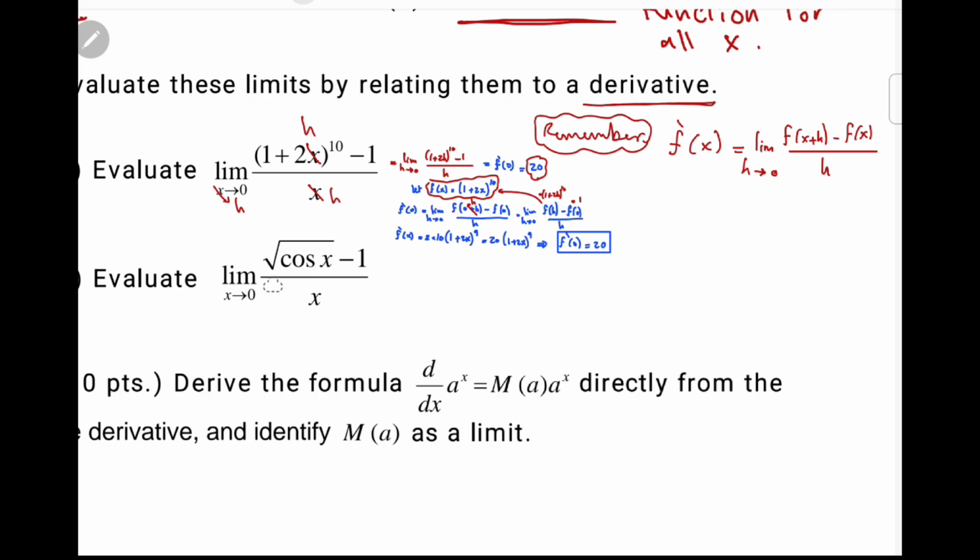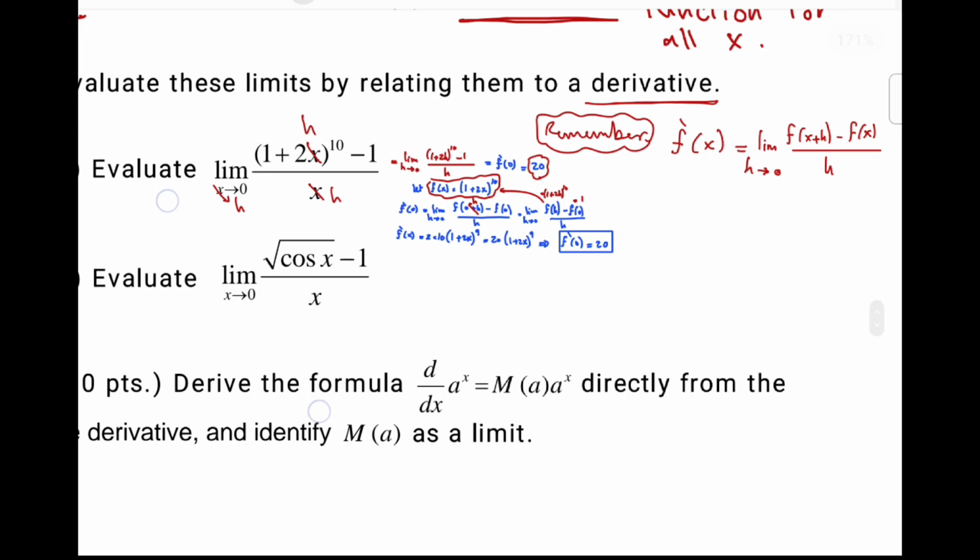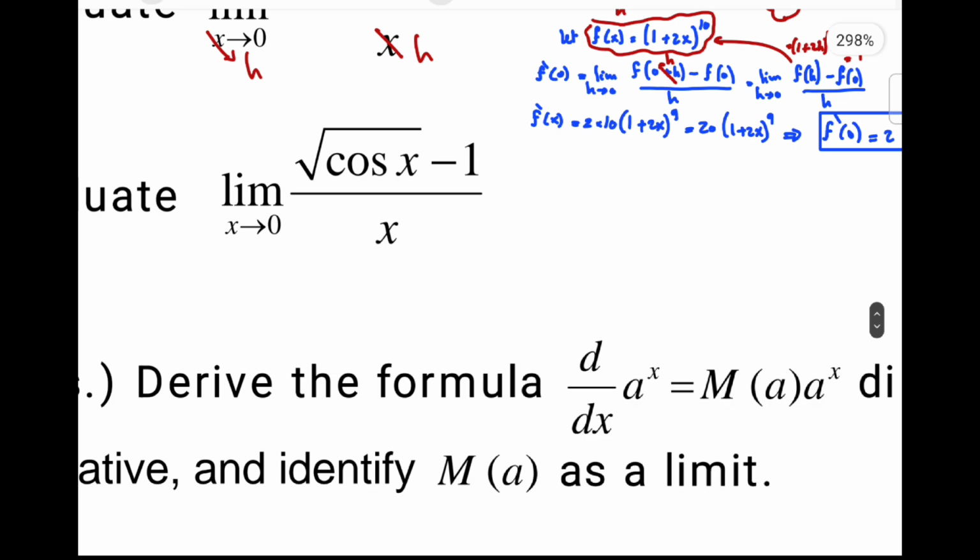The second question, evaluate this limit. Use a similar approach. So here we will follow the same approach. First, let's replace each variable x by h to make it consistent with what we know from the derivative definition.